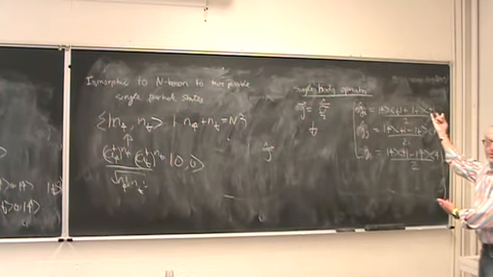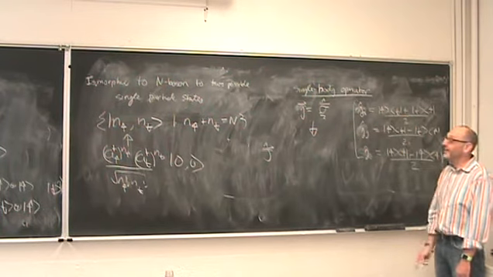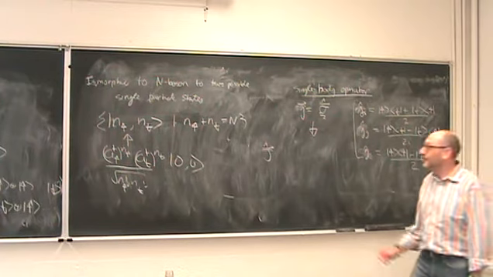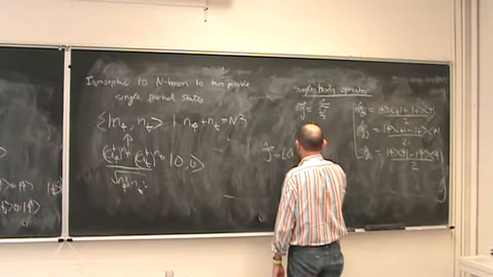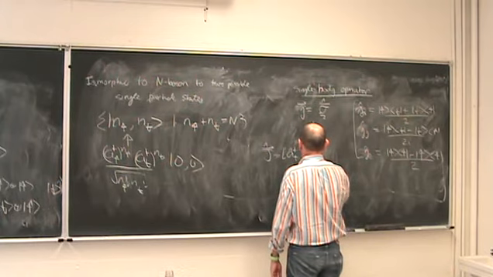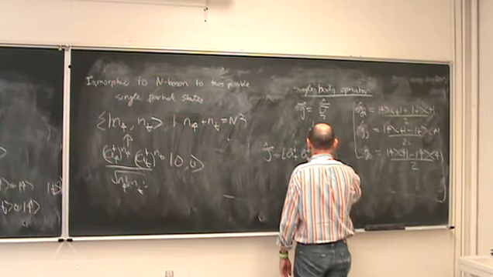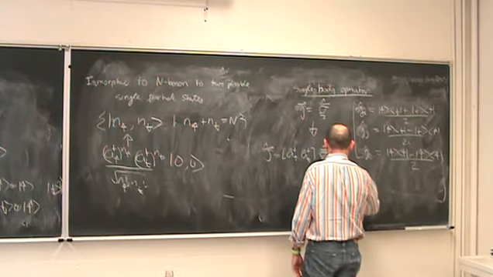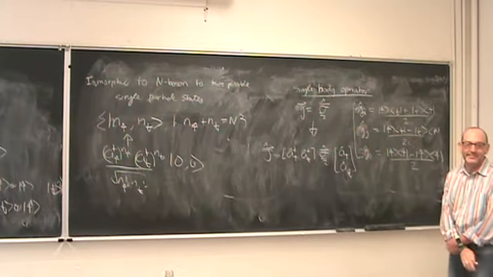Well, we just saw how to do that: the bras and kets get replaced by creation and annihilation operators. So with respect to the standard basis, let's write them out.